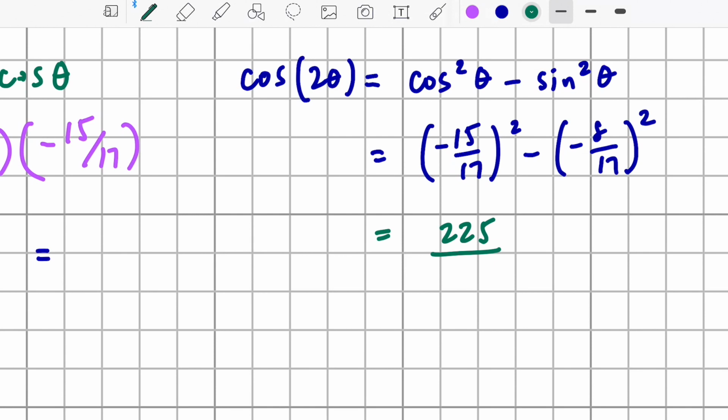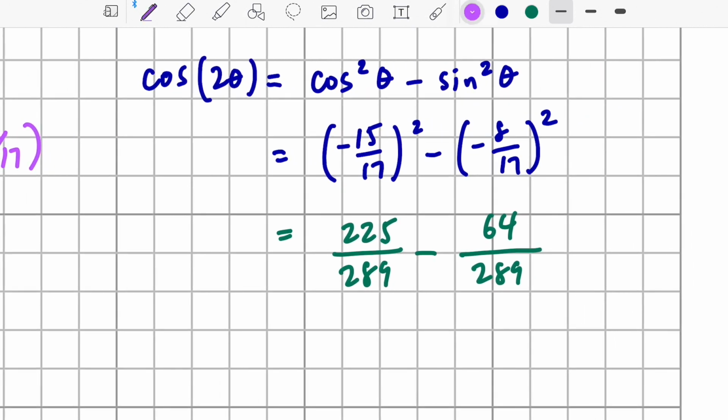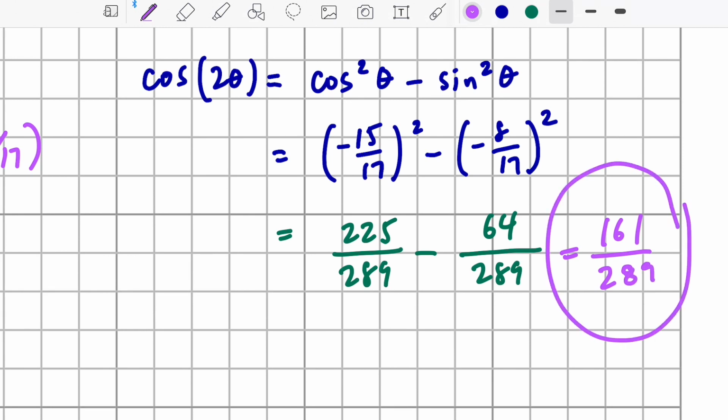And 17 squared is 289 minus, so I already know the denominator for this one, 289. It's the same thing. And this one is 64. So then here all we have to do is just subtract. So 225 minus 64, that's 161 over 289. Final answer.